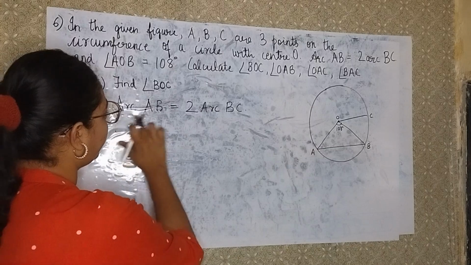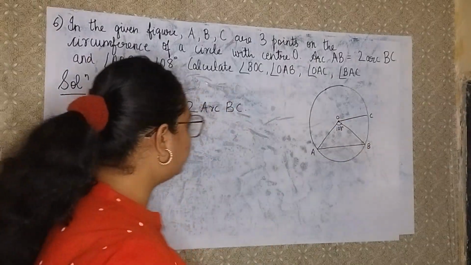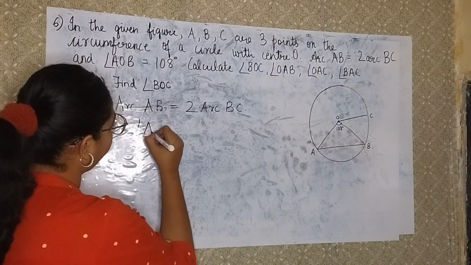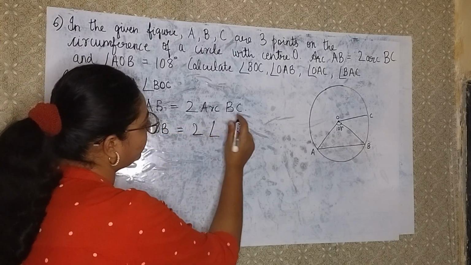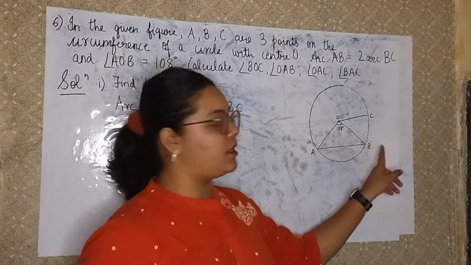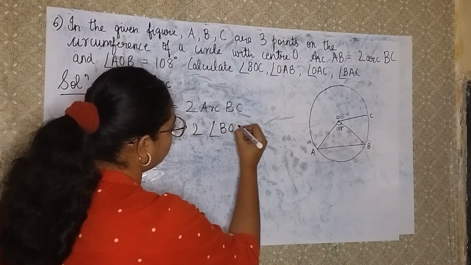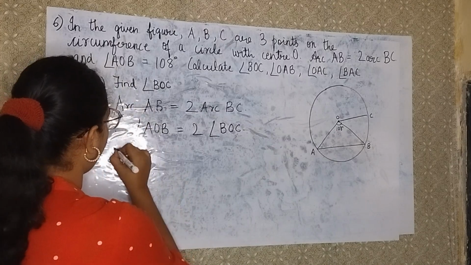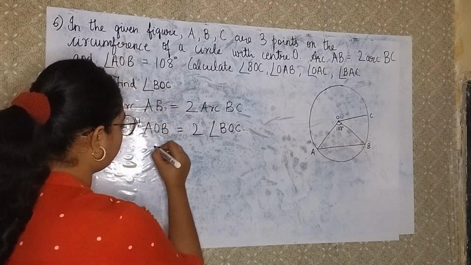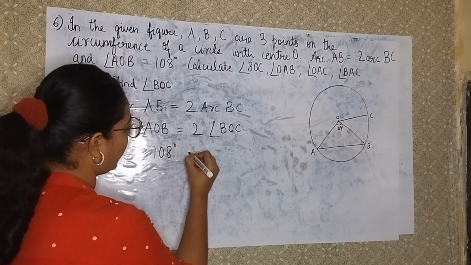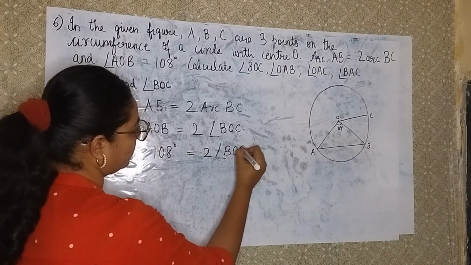Therefore, arc AB comes under angle AOB, so I'll write angle AOB equal to 2 times angle BOC, since arc BC lies under angle BOC. Angle AOB is given as 108 degrees. So substitute angle AOB as 108 degrees equal to 2 angle BOC.